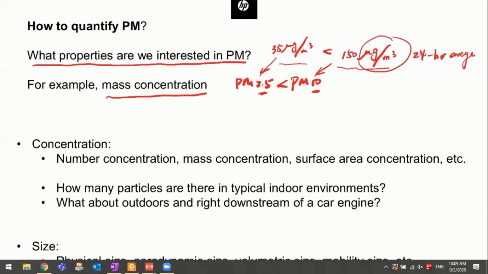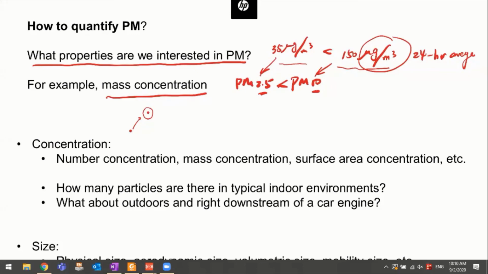And this is more about the health to the human because people are realizing that the higher the mass concentration in general, then the more severe those respiratory symptoms will show up, right? But in terms of the cloud formation capability, let's say if a particle goes into the atmosphere and then water will condense onto the particle and form a cloud droplet, then it's not the mass that's determining this process.